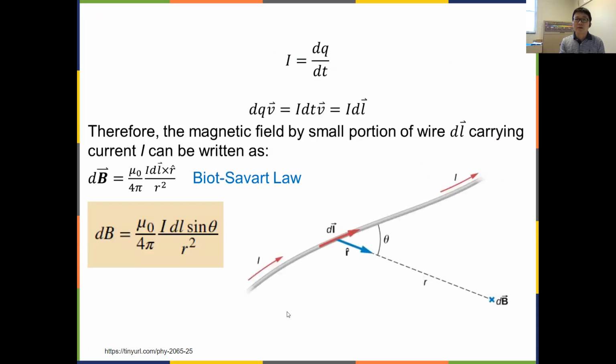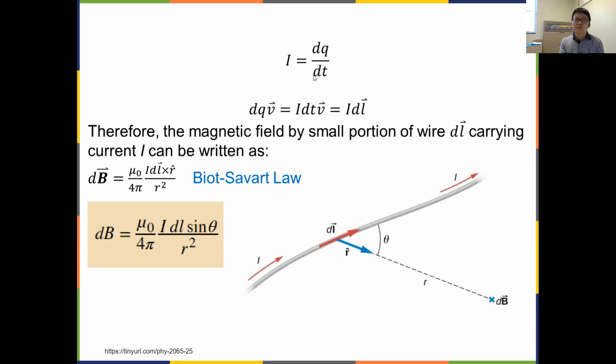So if you look at a particular segment of a conductor that carries current, we are looking at a small portion dl of the wire, and the current goes through that. You can calculate the charge in a small segment, because I in the wire will be equal to dq over dt.